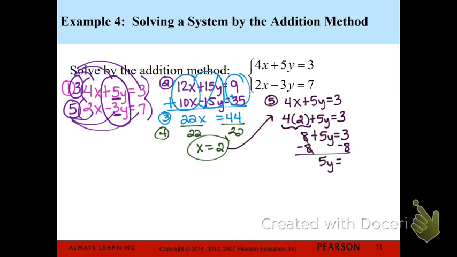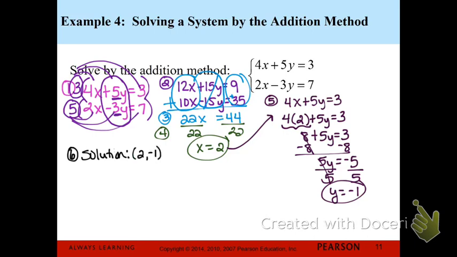So 5y equals -5. And then, good, divide by 5. So we get y equals -1. And then we have step 6. What is step 6? Check it. So what are we saying our solution is right now? 2, -1.